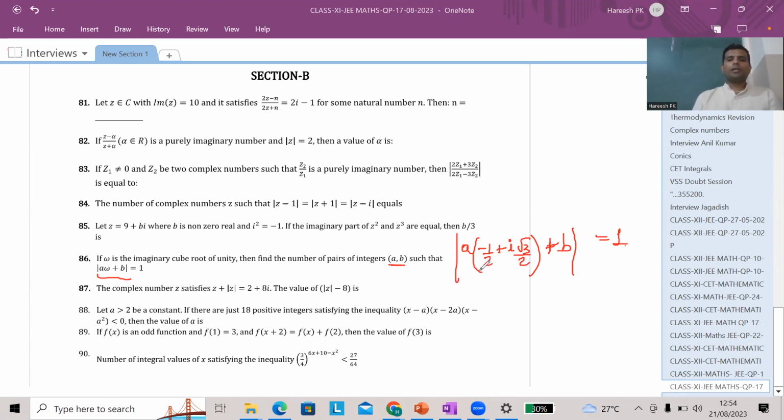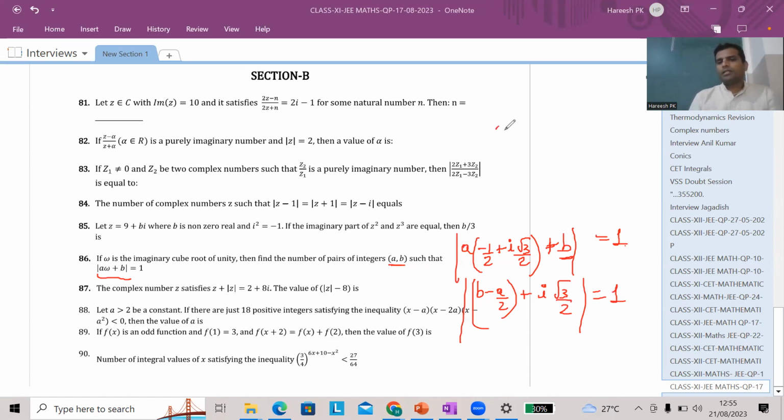So group all the real terms. You'll have real terms b and minus a by 2. So this is the real term. Imaginary terms is this, right? Now I can help you do this a little faster. We know that mod will be 1.